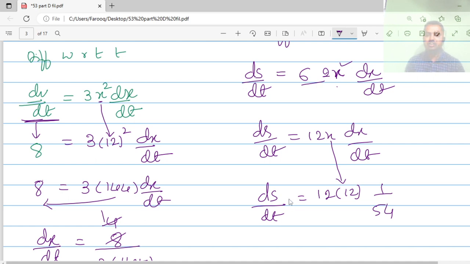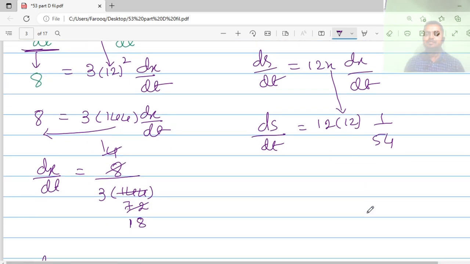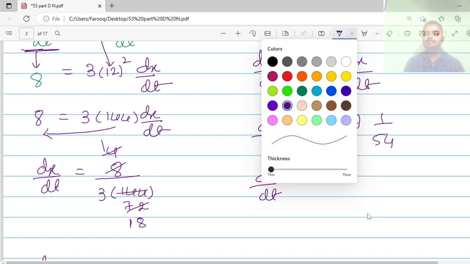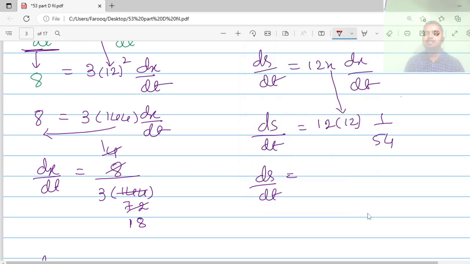Now ds by dt is equal to 12 times 12 times 1 by 54. Simplifying, we get 8 by 3 centimeter square per second.